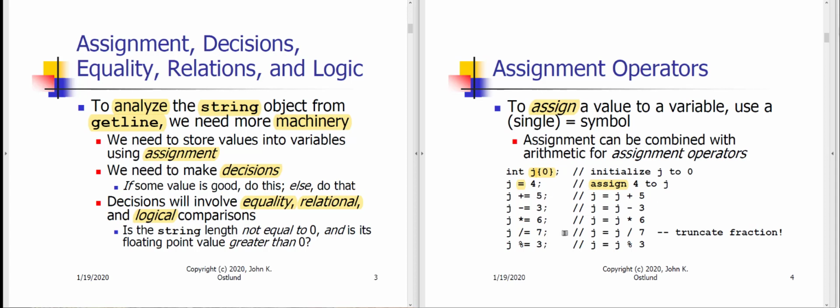And as we do in Python, in fact, these were basically borrowed into Python from C and C++, j += 5 is simply an abbreviation for j = j + 5. j -= 3 is the same as j = j - 3. We can use any of the binary arithmetic operators in these so-called assignment operators.